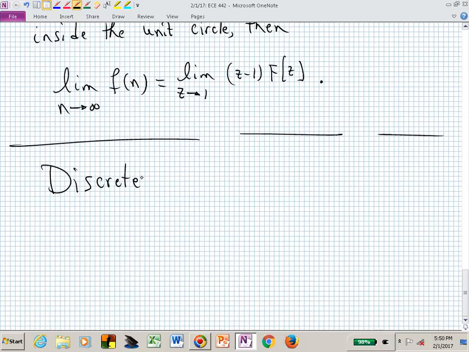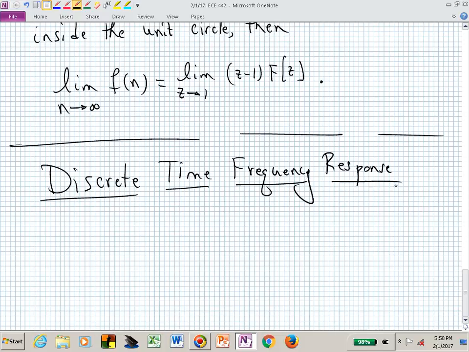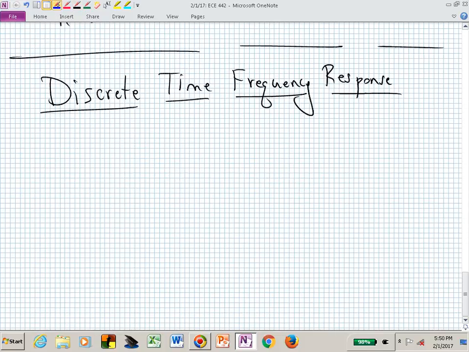And then phrasing this or titling this discrete time frequency response. I've already tried to make the connection with what you are supposed to remember, or what previous knowledge you have.